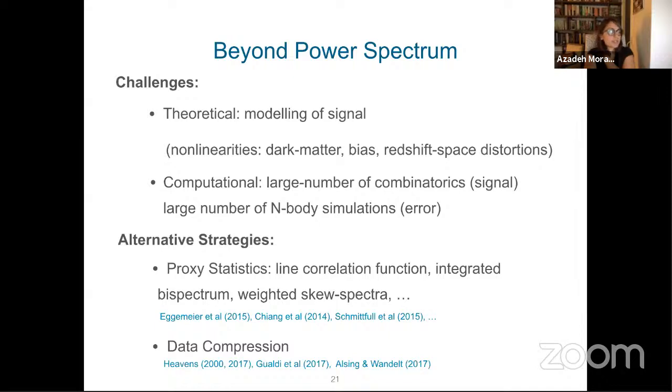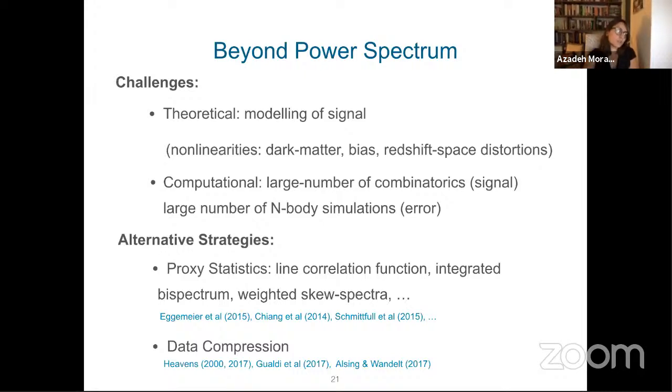On the computational side also, because now we have an observable that depends on multiple variables, in the simple case 3 wave numbers instead of 1, there is a large number of combinatorics, and this makes it challenging to compute the signal and the error, as well as the actual estimator. There have been alternative strategies taken in addition to just directly going for the measurement of the bispectrum or trispectrum and so on.